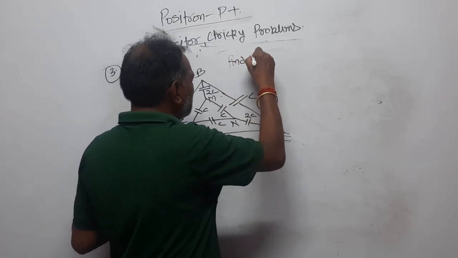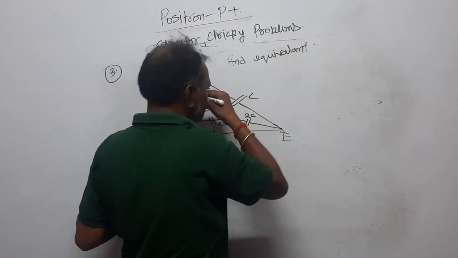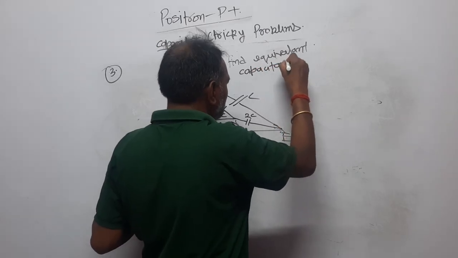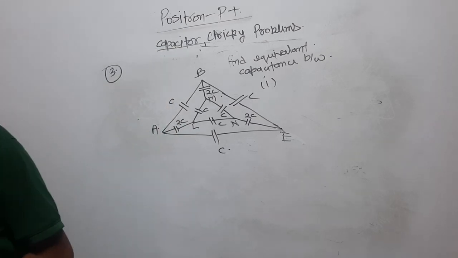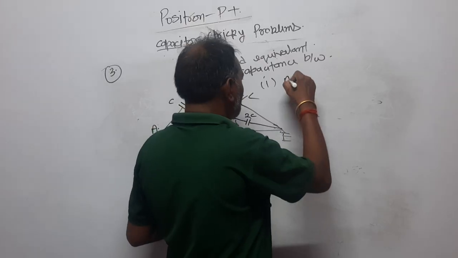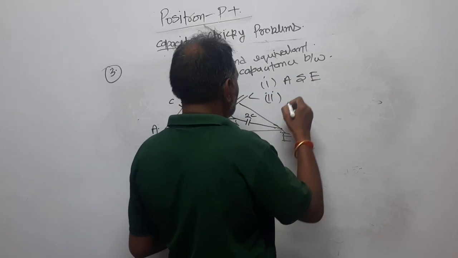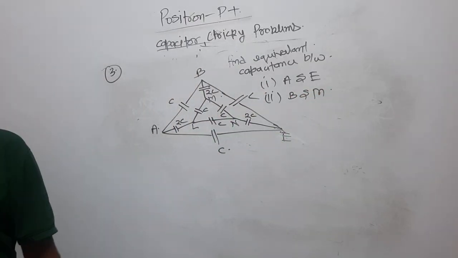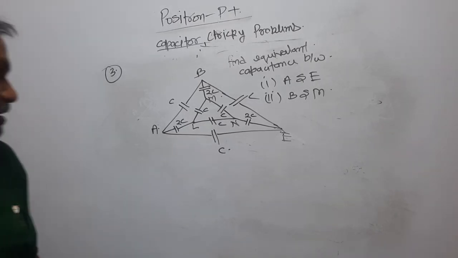Find the equivalent capacitance: number 1, between A and E; number 2, between B and M. This is the problem. Dear students, the question is very simple.